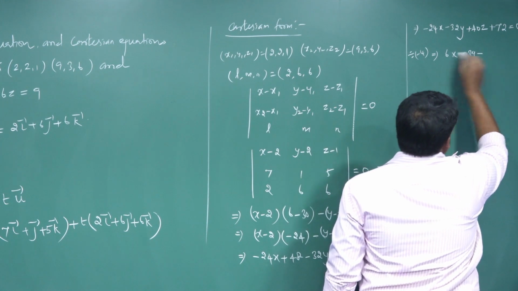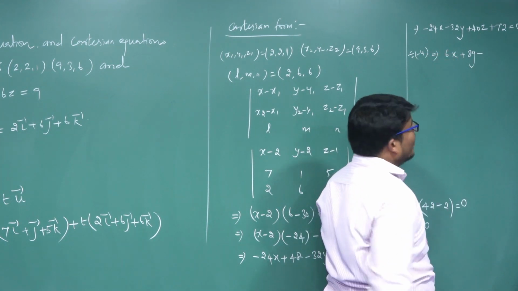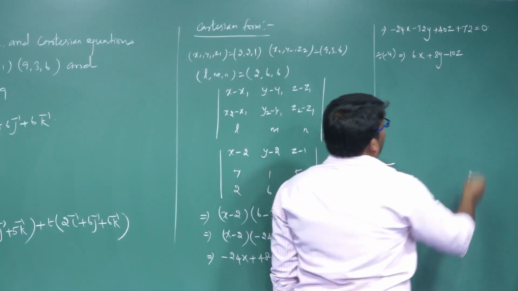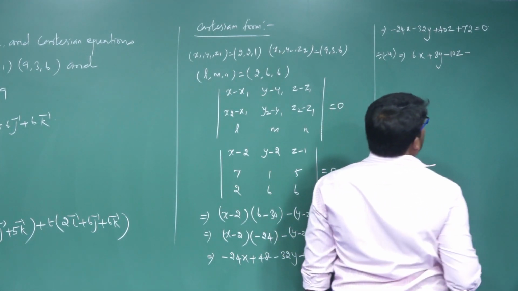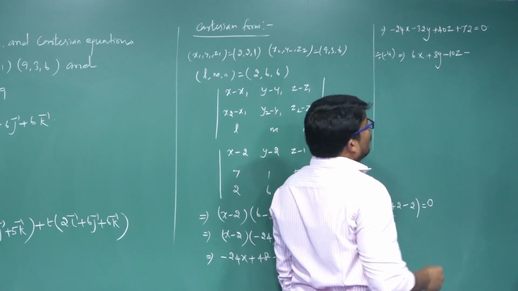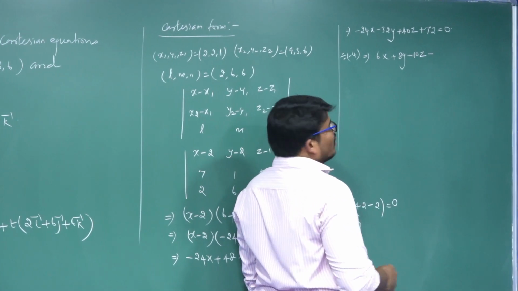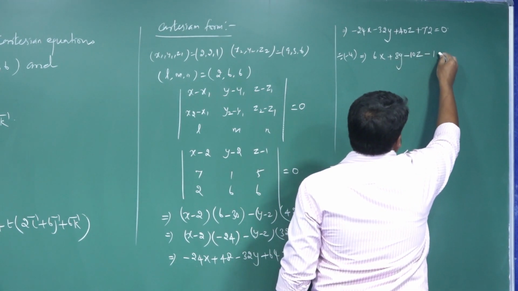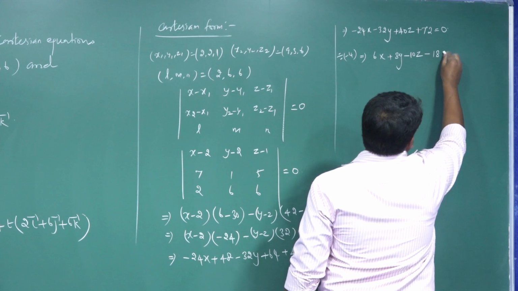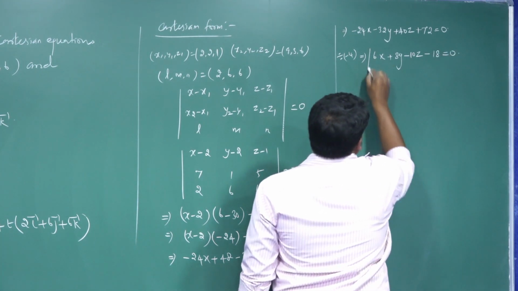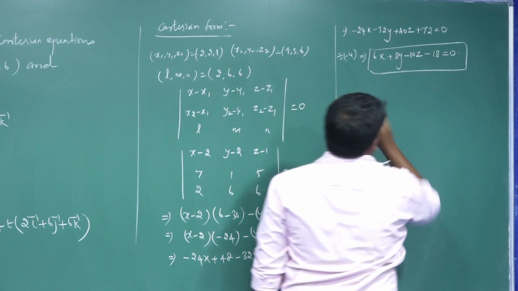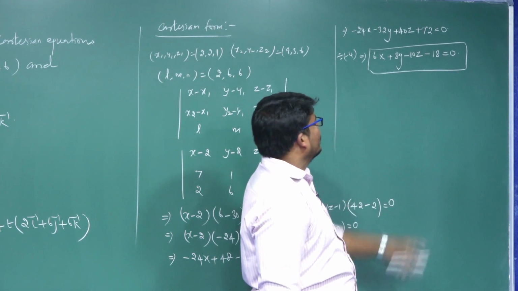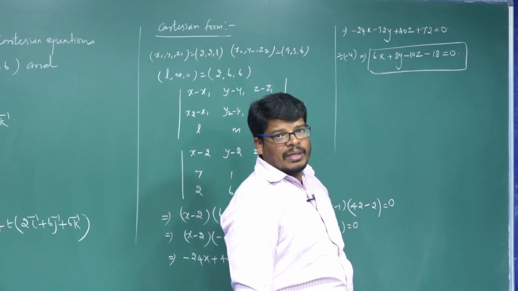Next one, divided by minus 4, minus 10z. Next one, plus 72 by 4, 4 18s are 72. So 6x plus 8y minus 10z minus 18 equal to 0 is the Cartesian equation of the plane.